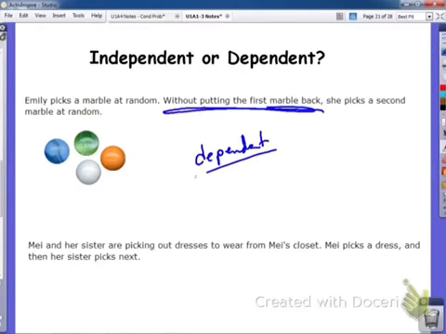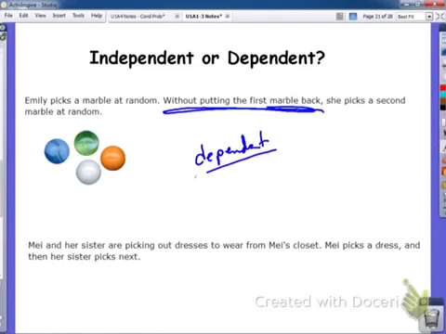So why would this be a dependent situation? Here's why. It's May's closet. She walks in, picks out her dress, snaps her fingers and says, "I got my dress," and walks out. And her sister is like, "Well, I'm thankful to be able to wear one of your dresses, sister."